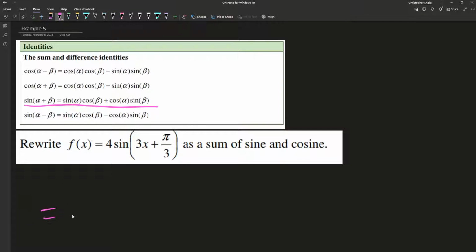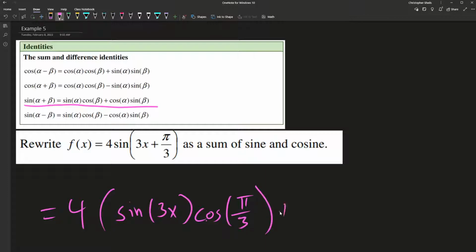So this is going to be 4 times, and in parentheses I'm going to have my identity. It's going to be sine of 3x times cosine of pi over 3, plus cosine of 3x times sine of pi over 3.